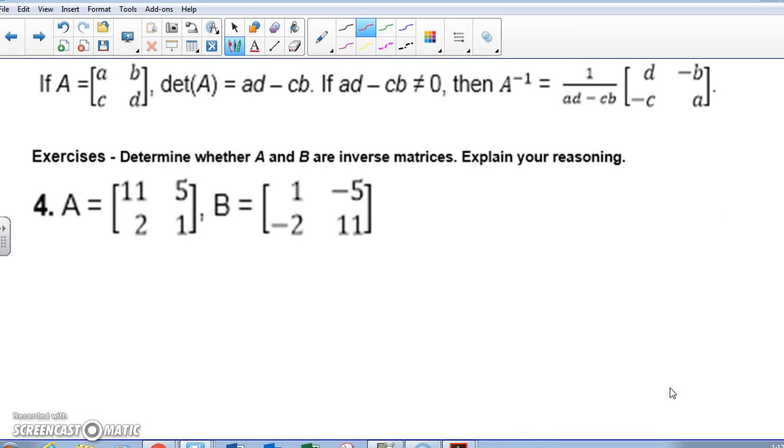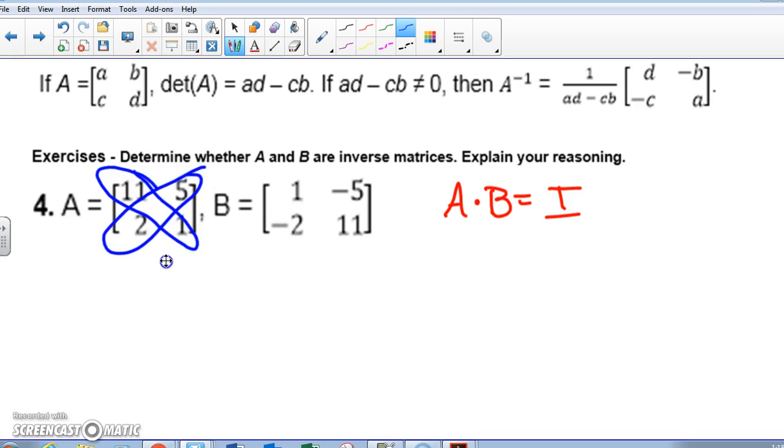All right? If we had to find out whether these are inverses, you have several options, guys. You could type this in A and type this in B and decide if A times B gives you the identity matrix. Another way to check really fast if it even has an inverse is to find the determinant. 11 minus 10 is what? 1.